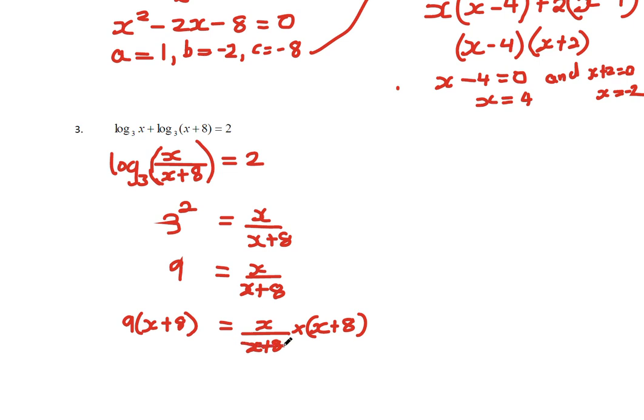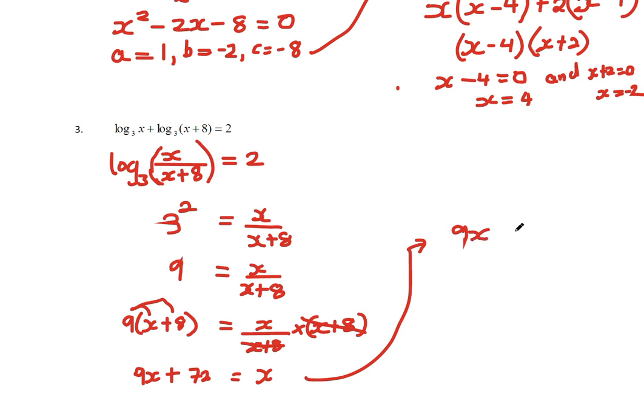Now x plus 8 here will cancel x plus 8, so that I would simply be left with x equal, and let's expand the bracket here. 9 multiplied by x gives us 9x, and 9 times 8 will give me 72. So I distributed the 9 throughout the bracket. So therefore, what we're simply left with here is 9x.